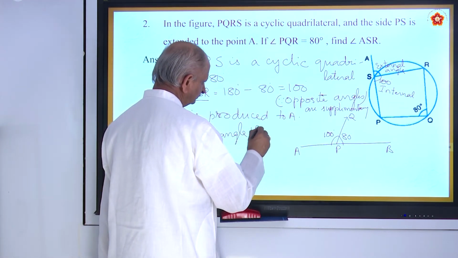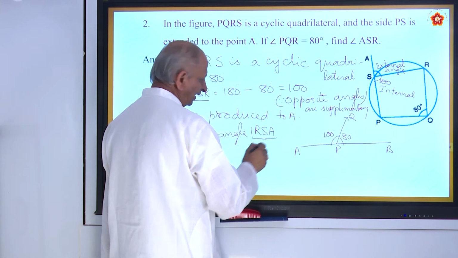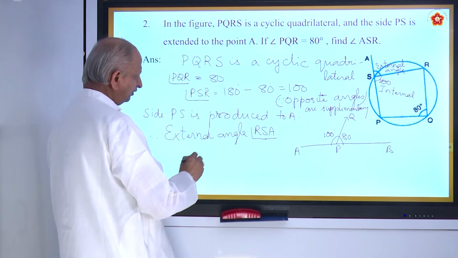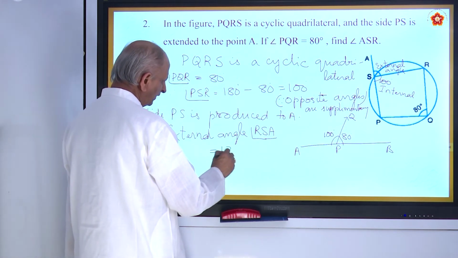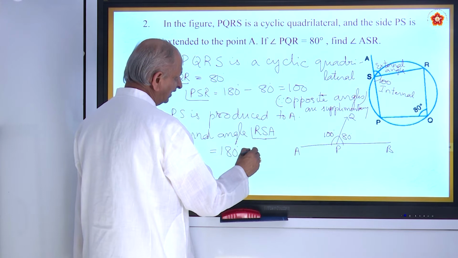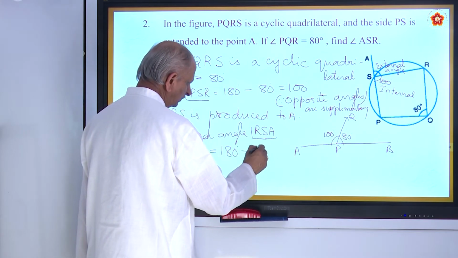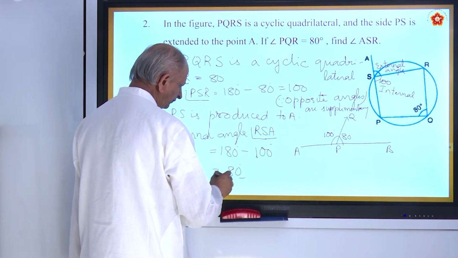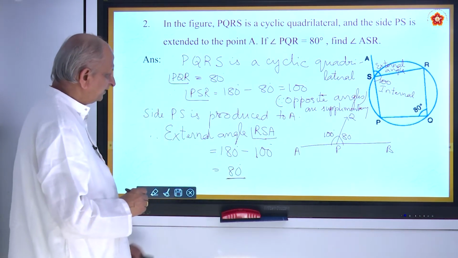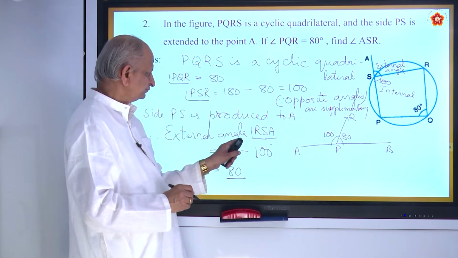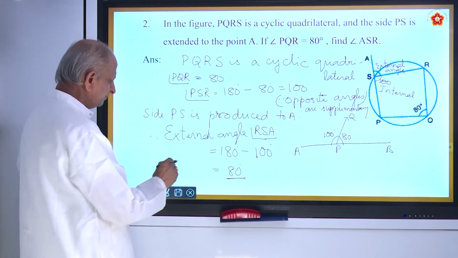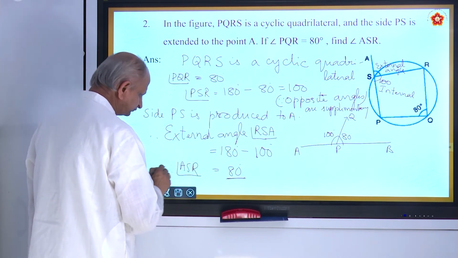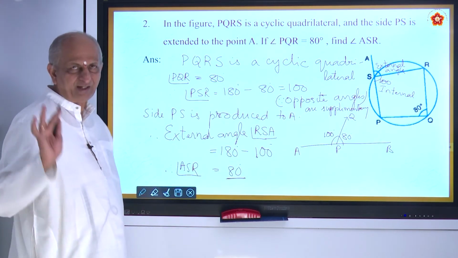RSA. External angle RSA will be equal to 180 minus internal angle, that is 100. That will be equal to 80 degrees. So that's what they are telling. RSA or ASR, both are same. Therefore, ASR is equal to 80 degrees. Is it alright?